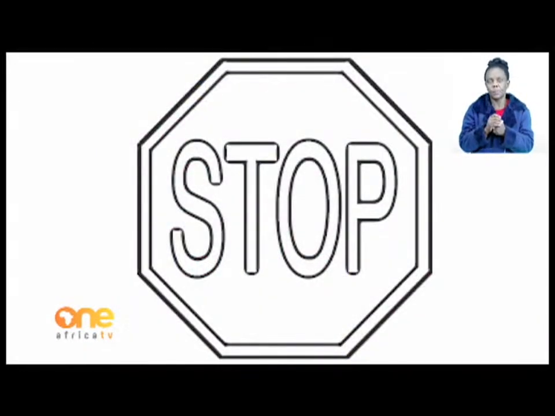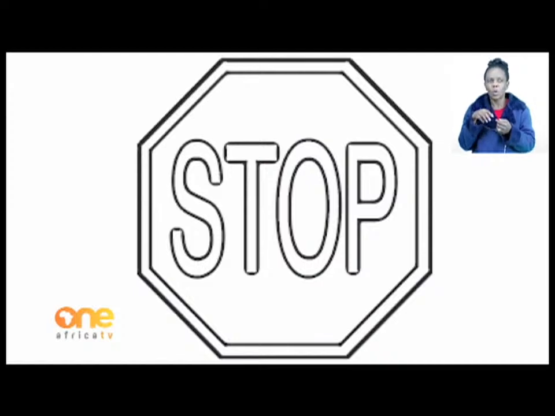Page 21 is showing our last road sign for today. Now this one is very simple because we always see it everywhere. This road sign is the stop sign. And the stop sign can help us not only to understand when we should go, but also when we should be careful.